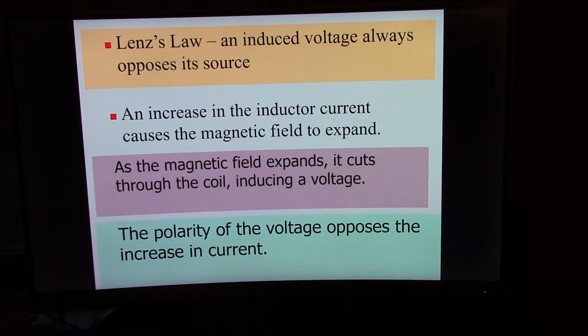And the polarity of that voltage is opposite to the increase of the current. So you see where that phase relationship comes into play, where the voltage is opposite to the current. So with resistors, the voltage and the current were in phase with each other. Okay.